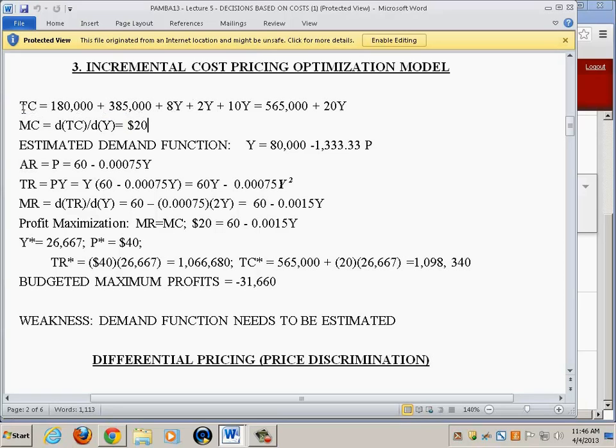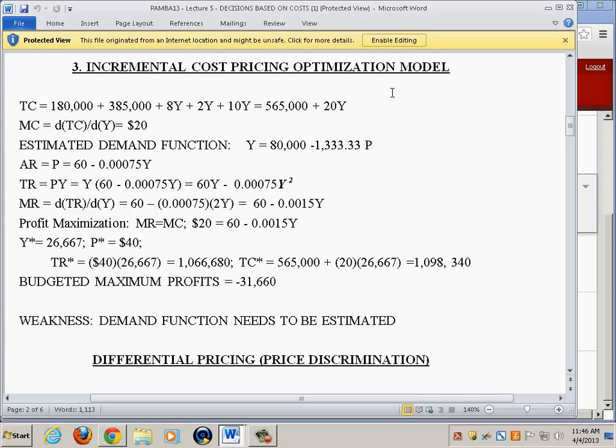If you look at the cost function and differentiate it with respect to Y, 565,000 becomes 0 and 20Y becomes 20. So the marginal cost, or the cost for each additional unit of car days sold, is $20. Okay?